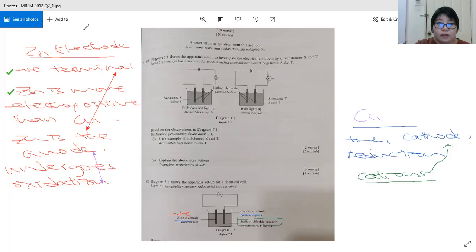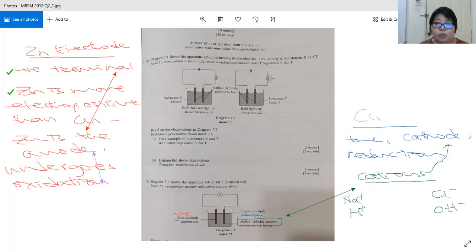So from the sodium chloride solution here, we are going to state the ions that are present in the electrolyte. The ions present in the electrolyte will be the sodium ion, the hydrogen ion, and of course the chloride ion and the hydroxide ion.